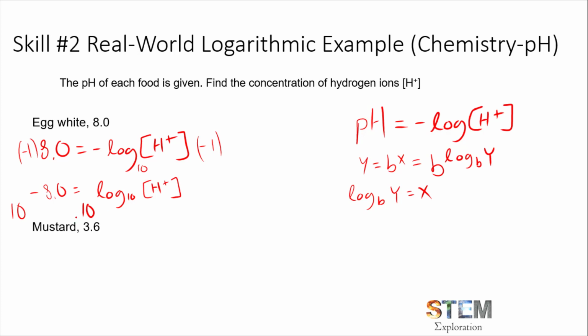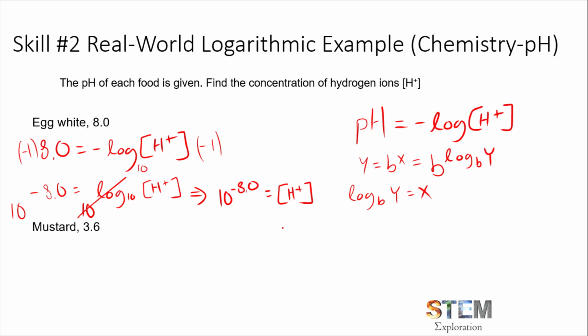And what you'll actually see is that these cancel, and this term becomes isolated all by itself. The y value is what it is equal to. So if you perform this operation, you'll get 10 to the negative 8.0 equals the concentration of hydrogen ions in this solution.